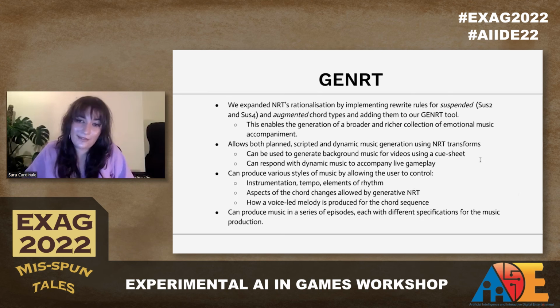This is because they determine the quality of the chord, so whether a chord is minor, major, augmented, and so on. We create voice-led melodies by using and connecting the guide tones of chords in the sequence. Finally, GenRT can produce music in a series of episodes, and the user can choose different specifications for each episode, allowing for variety within the composition.